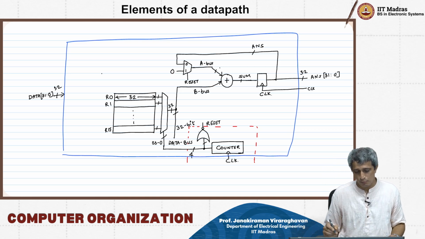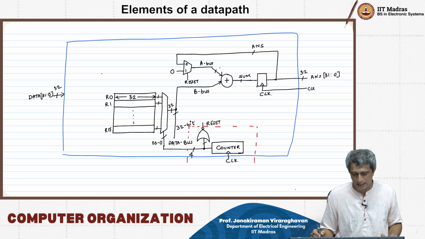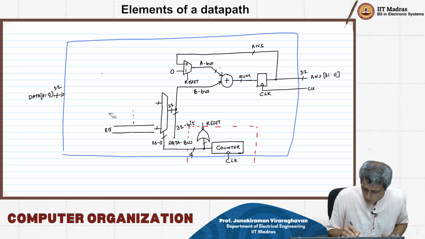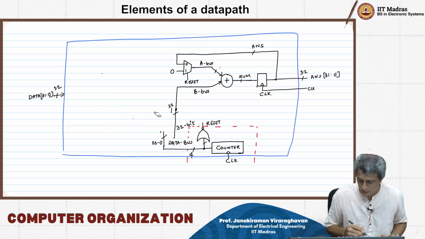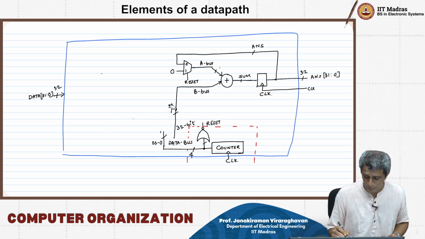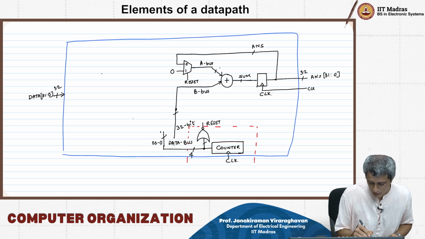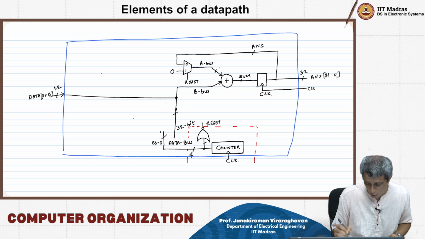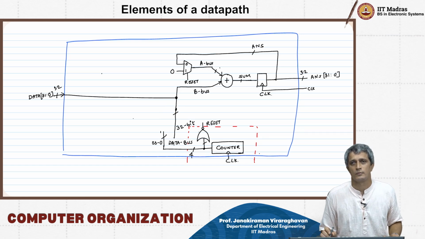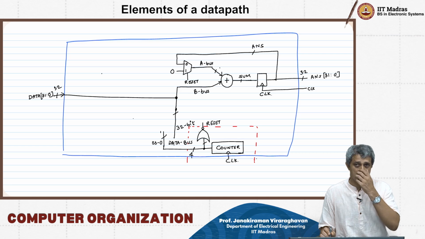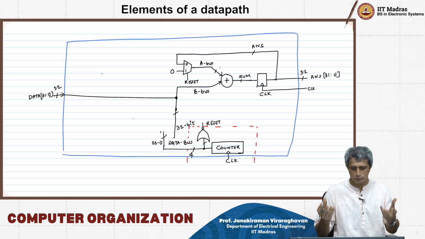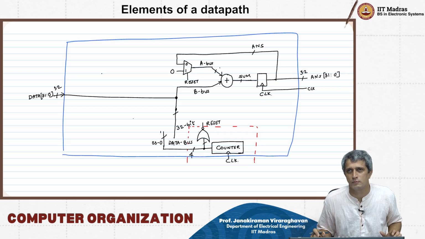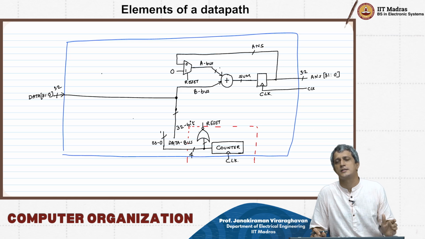So for example, if I had these 32 bits coming in like this, I could simply remove this whole thing, and I will simply redirect this data bus directly onto the B bus. I could just redirect this entire thing to the B bus, and therefore I could have this whole operation performed in exactly the same way.